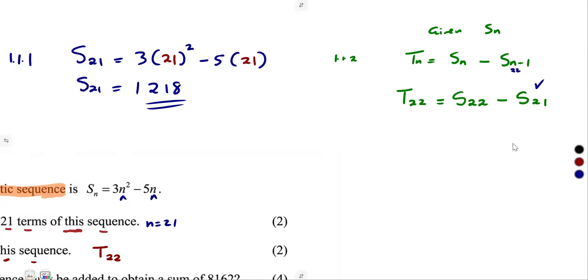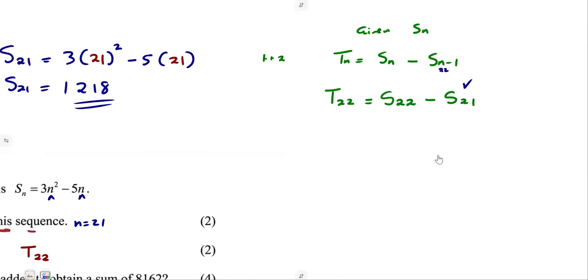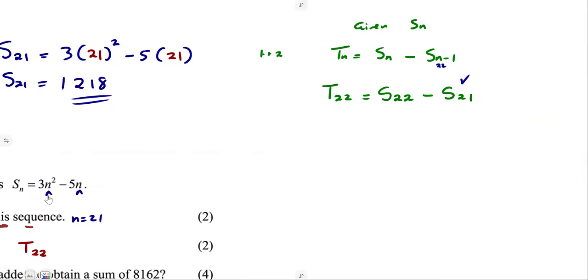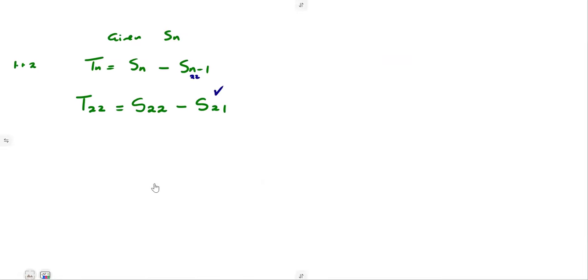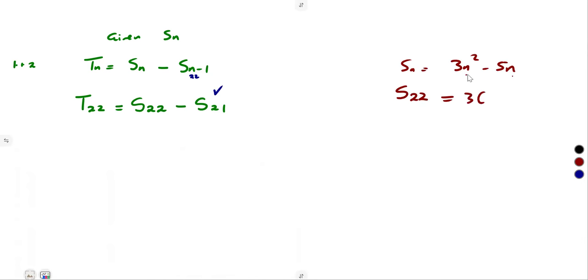So we must determine S22 from our Sn that we are given as 3n squared minus 5n. In place of n, you are going to put 22 there.